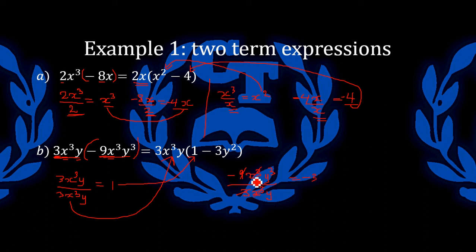X cubed cancels with x cubed to give me 1. And y cancels with y cubed to give me y squared. Notice that I deal with them in parts. Numbers first, then common coefficients, and I simply subtract powers away from them. So I get here negative 3y squared, and this here is the answer that I get.